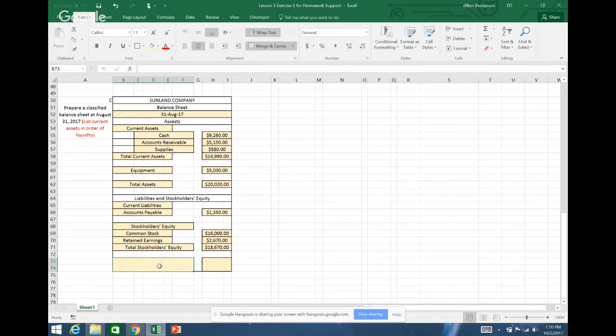The final portion is our total liabilities and stockholders' equity. And this comes out to be $20,020. When we go to check our balance sheet, the best way to confirm is under total assets and total liabilities and stockholders' equity, because the balance sheet must equal out on these two portions of the account. They do, and we are completed now.